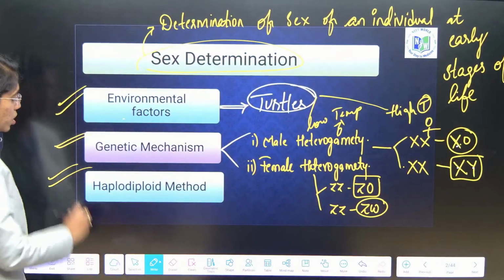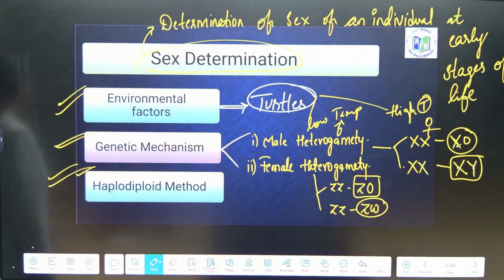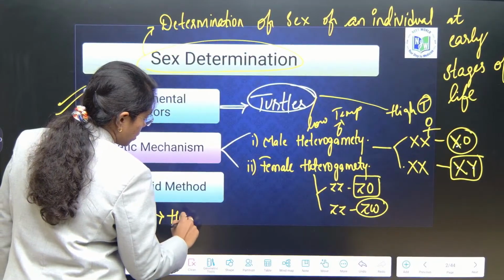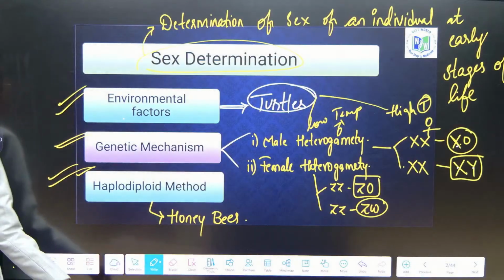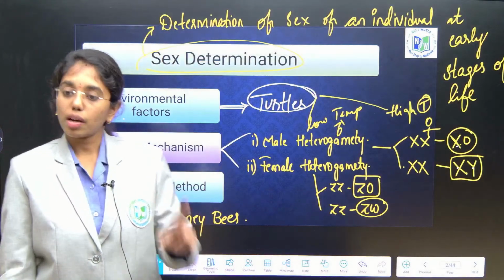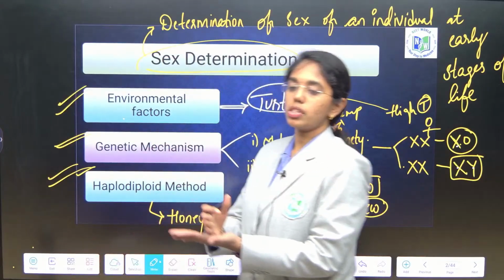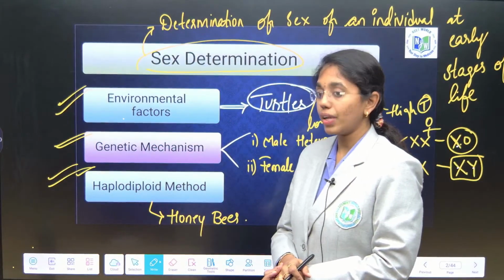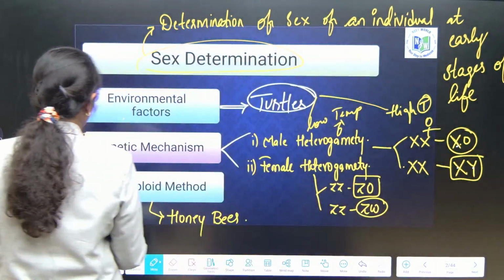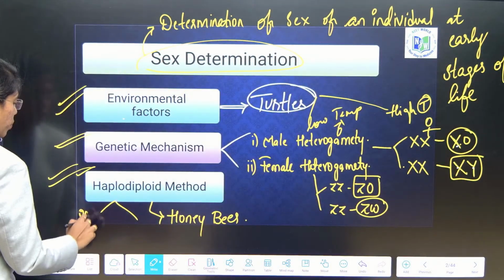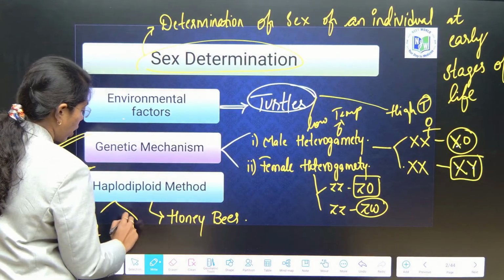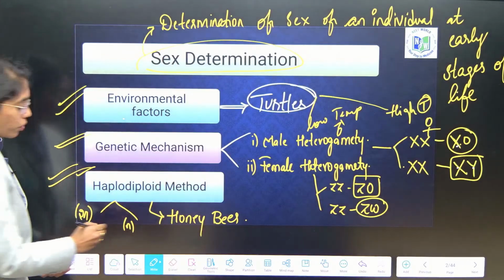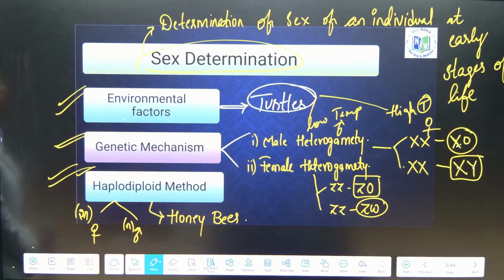Next is the haplodiploid mode of sex determination. This you will see in honeybees, where the complete set of chromosomes, the diploid set, is observed in females, whereas half the set of chromosomes, the haploid set, is observed in males.